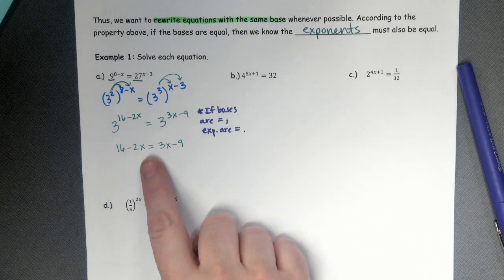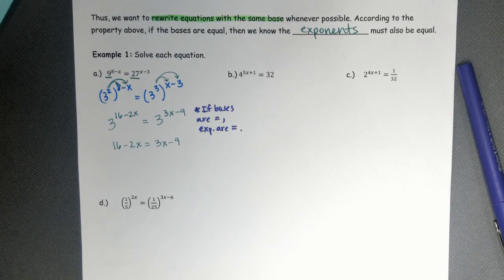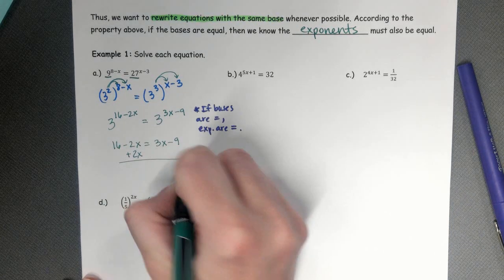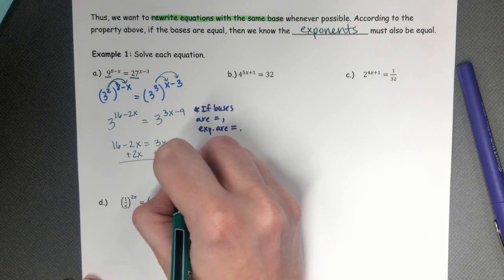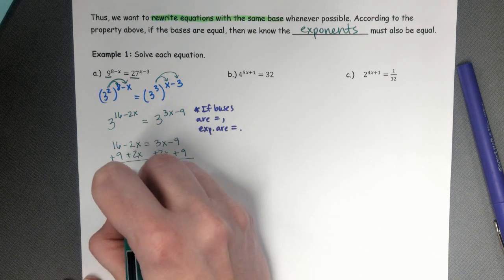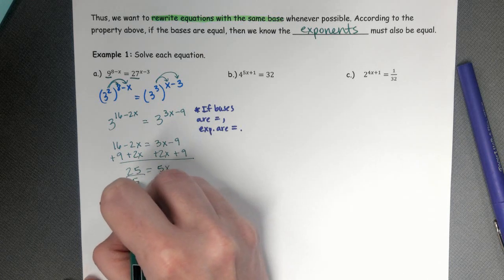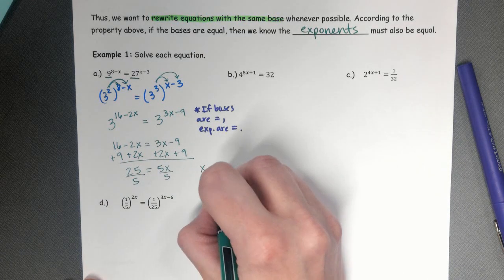From here, it is just an algebra 1 problem. Get all your x's on one side. So 25 equals 5x, divide by 5, divide by 5, x is 5.